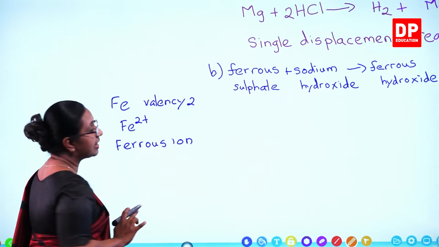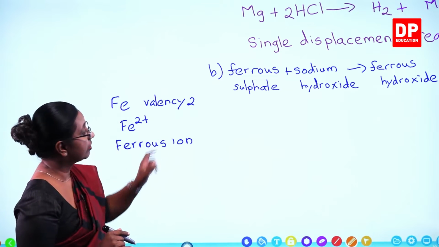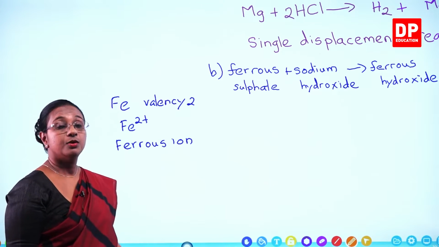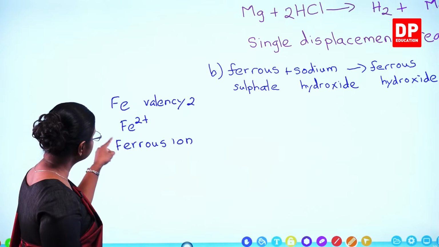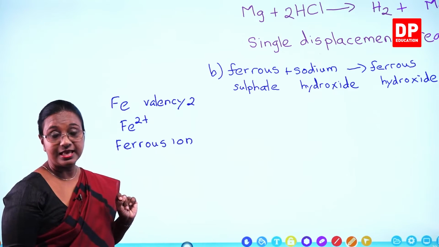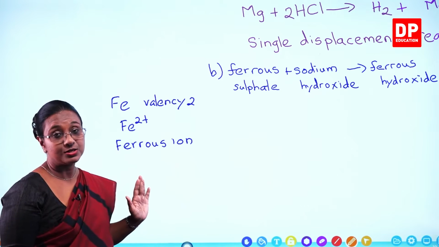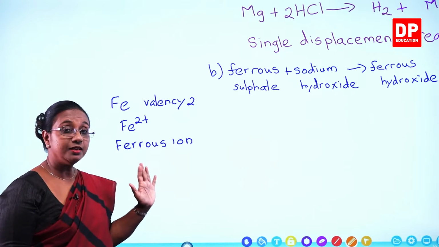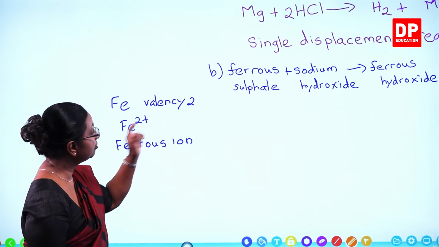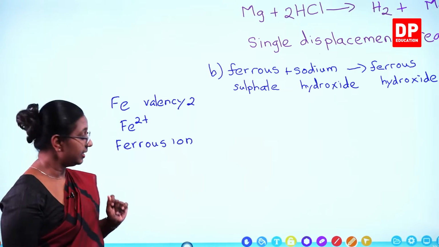So when this iron is present in a compound, we call it ferrous. Ferrous sulfate means there is Fe2+, that is ferrous iron. You have to remember that valency as well. Like I told you all, zinc, copper, valency 2, ferrous also has valency 2.